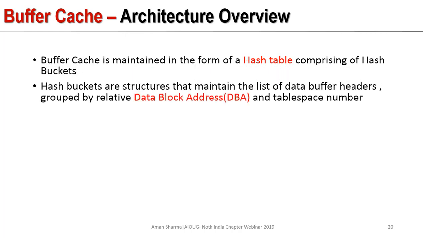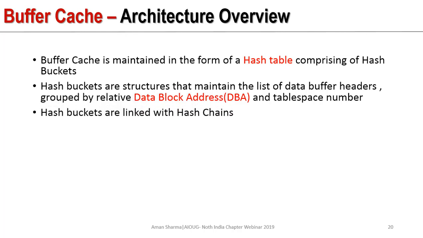This is done with the help of an address called DBA, standing for data block address. The data block address is a number created with the combination of your file number as well as the block number. So this address is a key value pair which is going to be part of a hash table, and that hash table will have multiple hash buckets, and those hash buckets are going to hold the particular buffers of different segments.